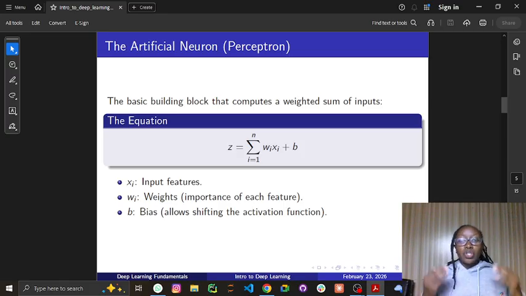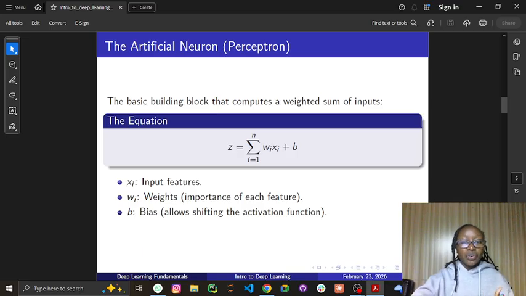The biological neuron receives signals, and if those signals are strong enough, it fires. Our artificial version does the exact same thing mathematically.